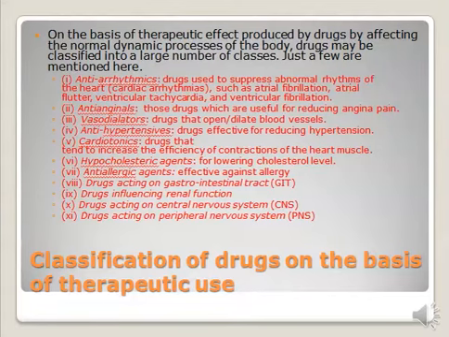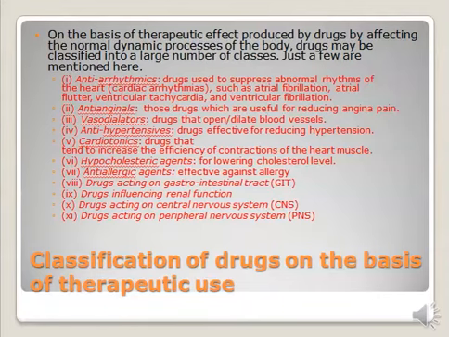So firstly, we have antiarrhythmic drugs. Antiarrhythmic drugs are used to suppress the abnormal rhythm of the heart. The abnormal rhythm of the heart is called cardiac arrhythmia. A means absence and rhythm means rhythm. The heart has a certain rhythm, and if that rhythm becomes abnormal, that's called cardiac arrhythmia.